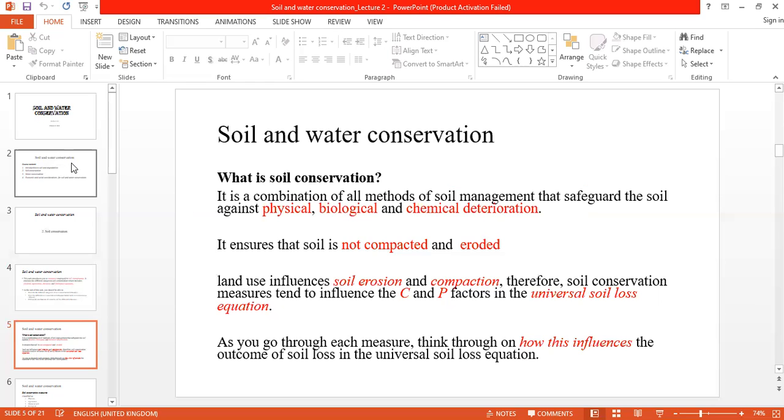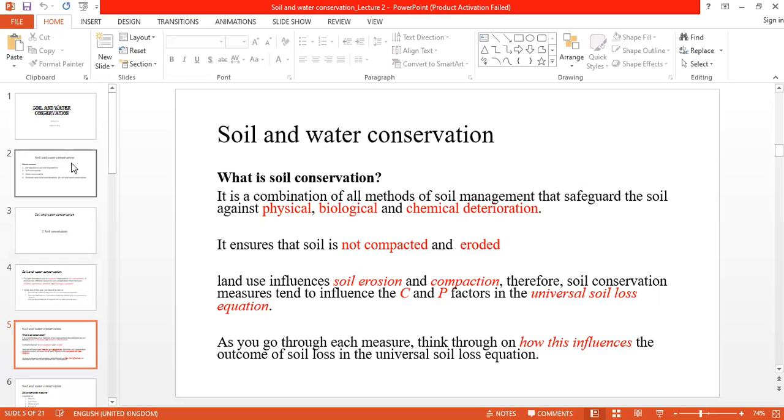But in this context, we'll focus mainly on the physical degradation as we discussed previously. So these conservation measures will ensure that your soil is not compacted and your soil is not eroded. So those two physical degradation processes are the ones that we want to safeguard against.